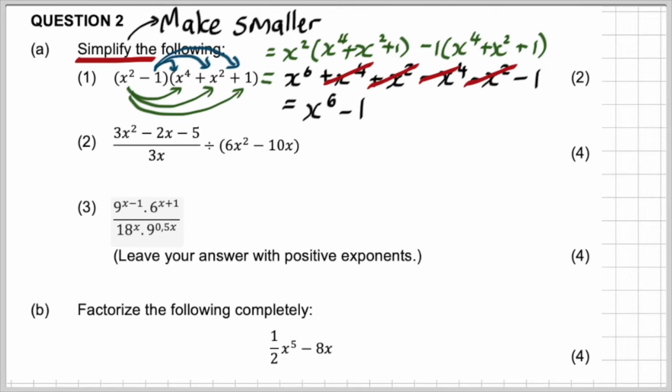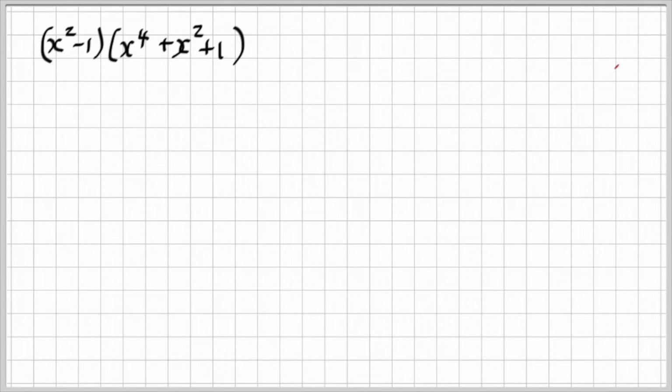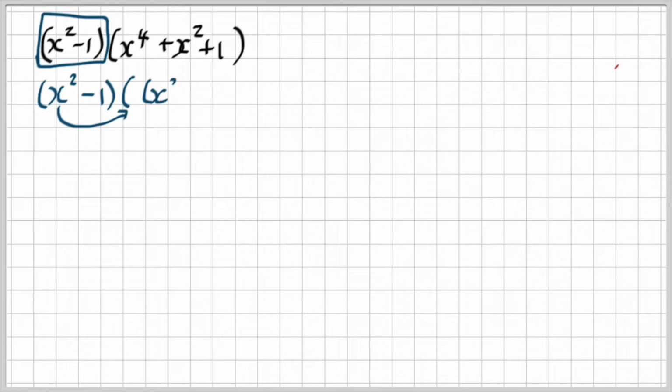And what was it? Let's quickly go. If I look at that back bracket, if I take the x squared minus 1, first of all, taking the x squared and squaring it, does it become x to the 4? Yes.